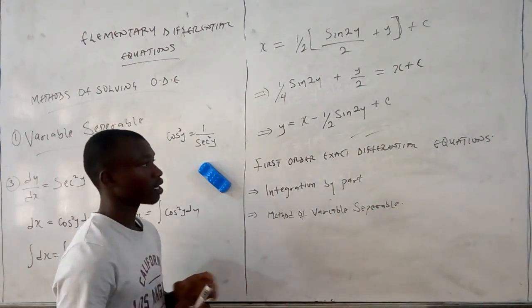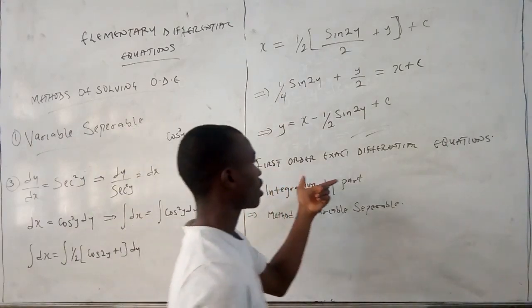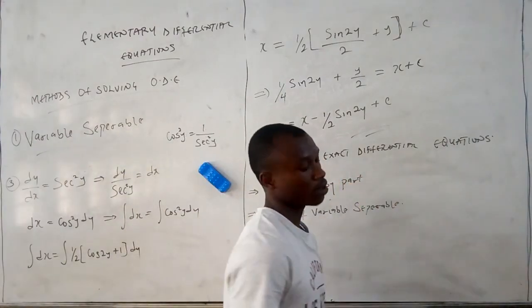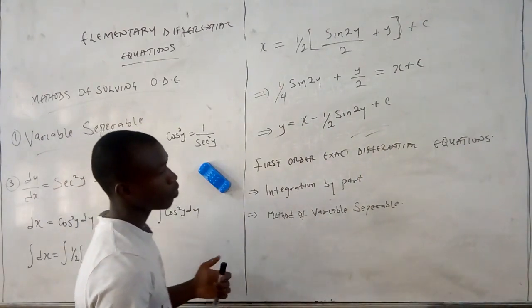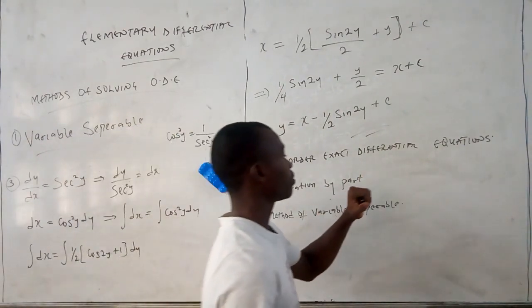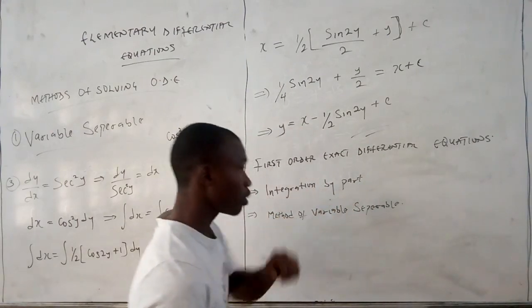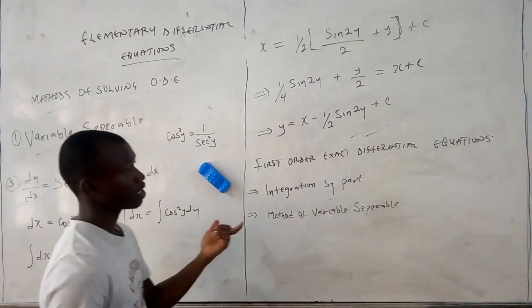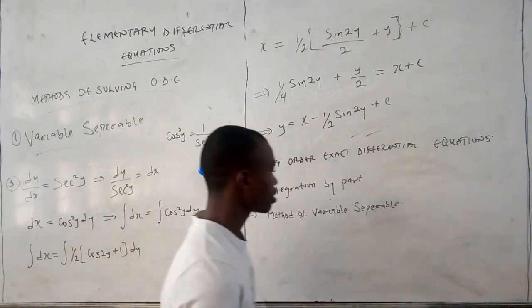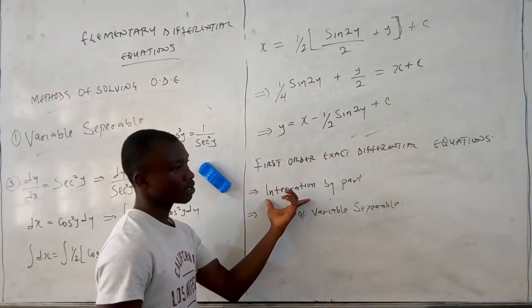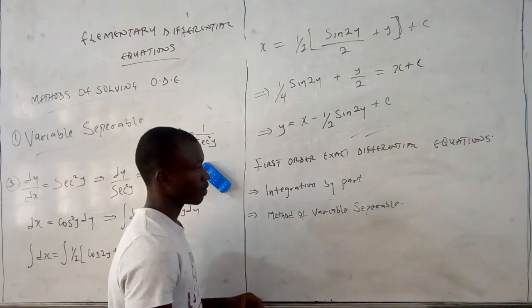Because there are some differential equations that even after using this method, you will not get the solution. So at a point whereby you won't be able to find a solution, you now have to force it to be exact. That's by using integration by parts and variable separable.